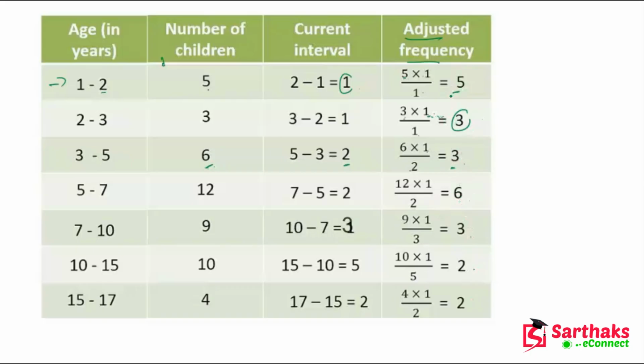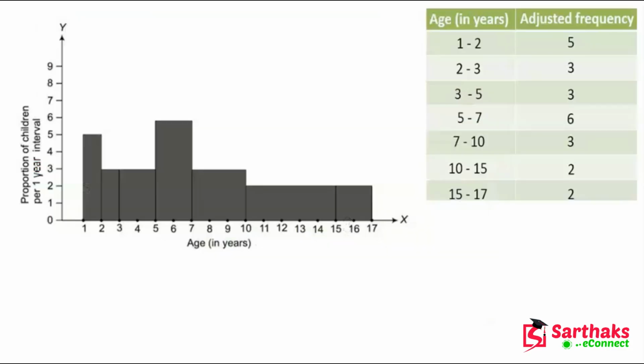This is the adjusted frequency. It is different from the original frequency just because of the varying class size. Understand, my dear friend? Yes. So now we are going to represent this. This is the histogram, the representation with adjusted frequency.